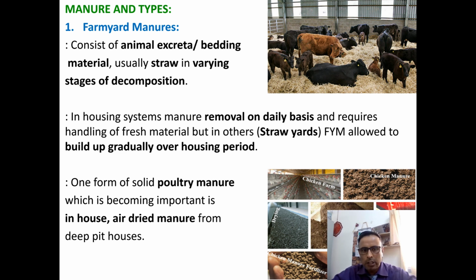So bedding or straw material in varying stages of decomposition is deliberately added to the animal excreta while creating a heap, so that these manures can be used for the long term. If there is an immediate requirement, or higher nitrogen availability is required from the manure, then you can use only animal excreta also. Another kind of manure which has a buzz nowadays is poultry manure, which is becoming important as it is in-house air dried manure from deep pit houses.